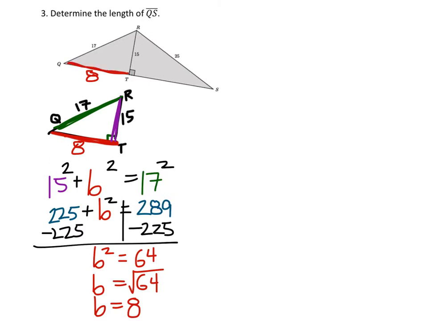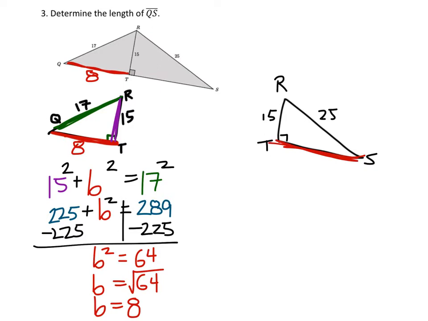So what I need to do now is look at this other triangle. This triangle here, which is a separate triangle, I need to move over here, and I'll label the parts that I know on this. In this right triangle, I need to find this missing length, TS.